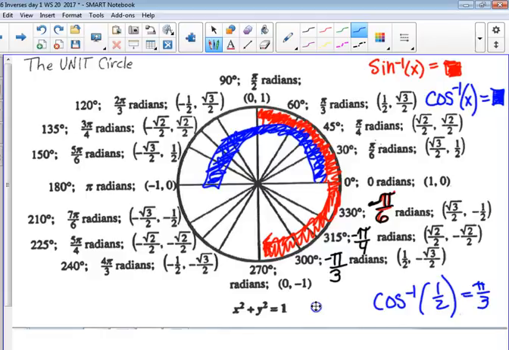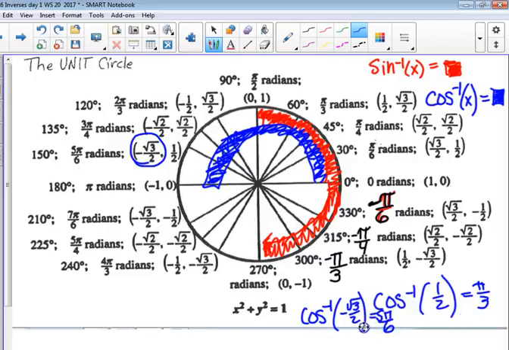Okay. But when I have a negative, like the inverse cosine of -square root of 3 over 2, when I have a negative, I don't look down in quadrant 4 anymore. I look over in quadrant 2. So where is the inverse cosine? Yes. I answer 5 pi over 6. No renumbering.